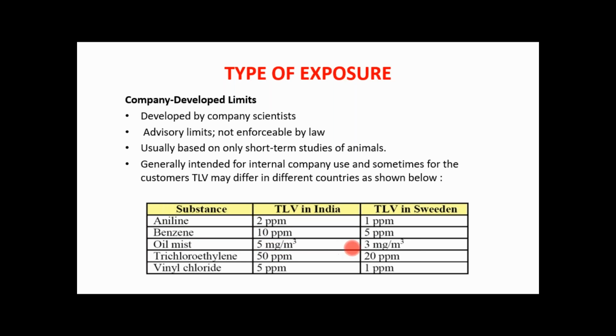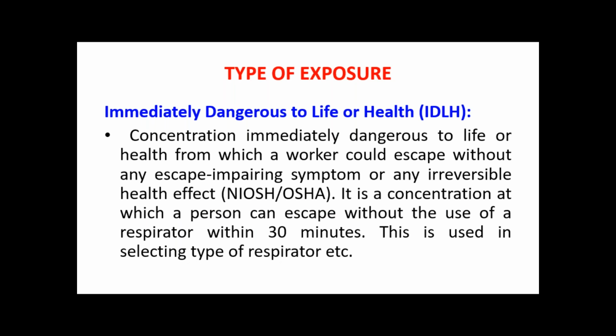Oil mist 5 mg per meter cube in India and 3 mg per meter cube in Sweden. Trichloroethylene 50 ppm and in Sweden 20 ppm. Vinyl chloride 5 ppm in India and 1 ppm in Sweden. So company based or company developed limits can be changed in different countries depending on the exposure of that chemicals.